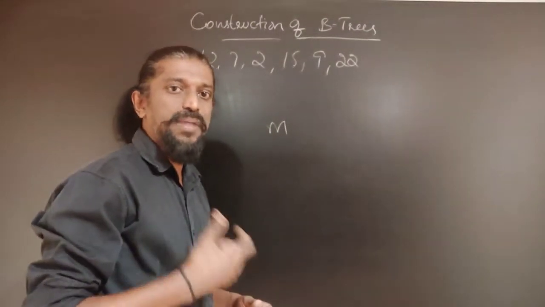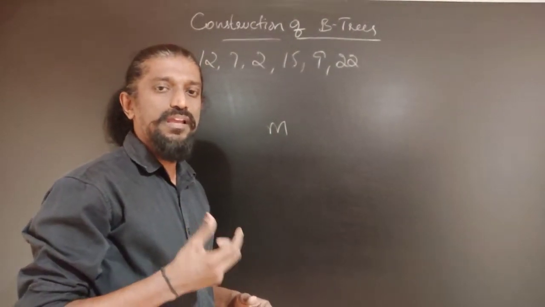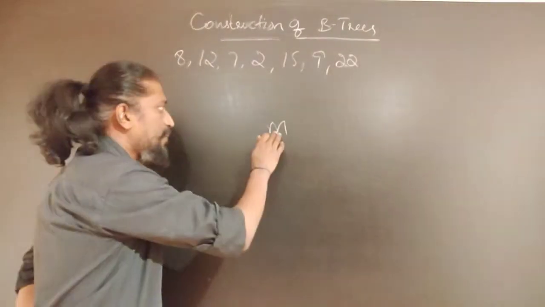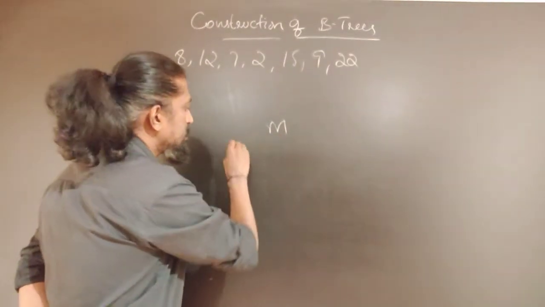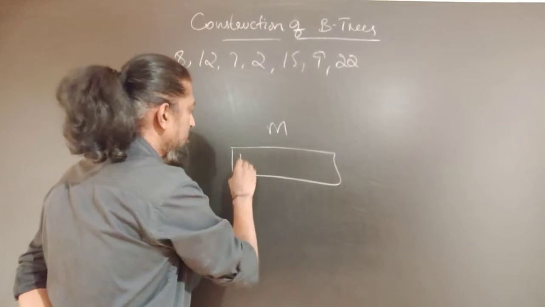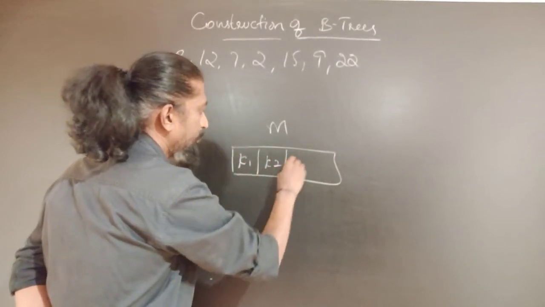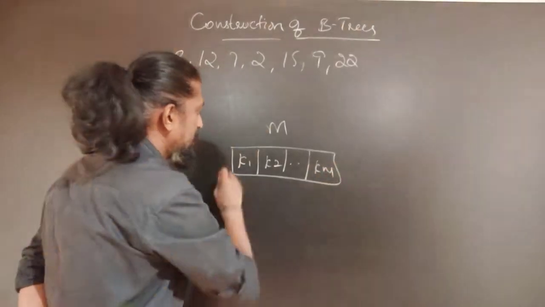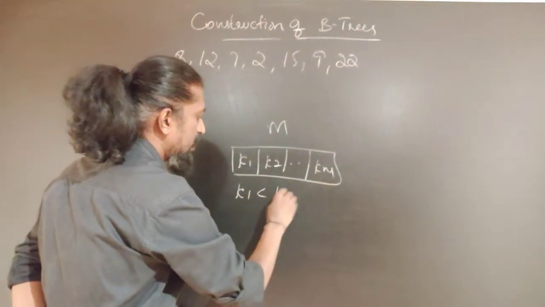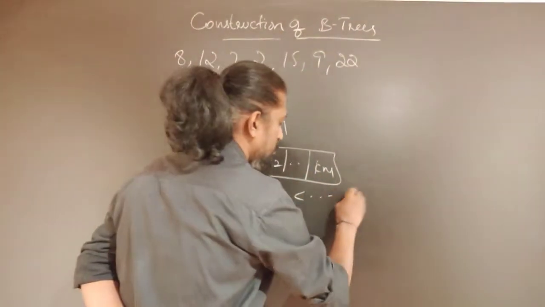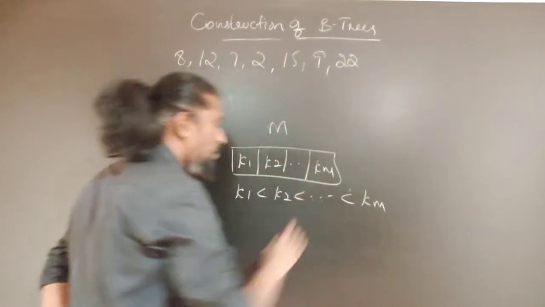The order of the B tree is the maximum number of descendants that a node of a B tree can have. So a B tree of order m consisted of m number of keys k1, k2 up to km in the increasing order, that is k1 less than k2 less than k3, so on and so forth, km minus 1 less than km.